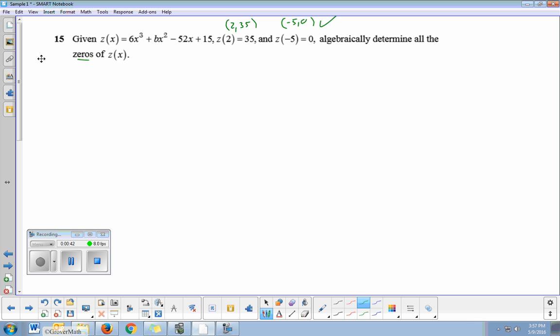Another name for that is roots. That's where the graph hits the x-axis. If it's on the x-axis, zeros, roots, then y equals 0. So we found one of them.